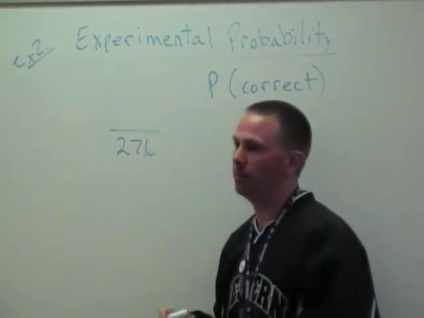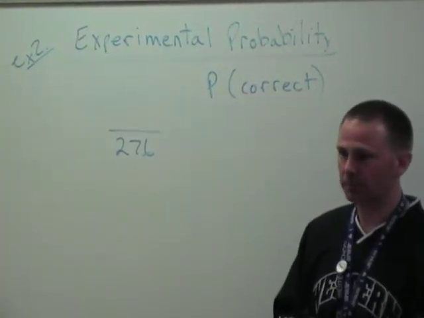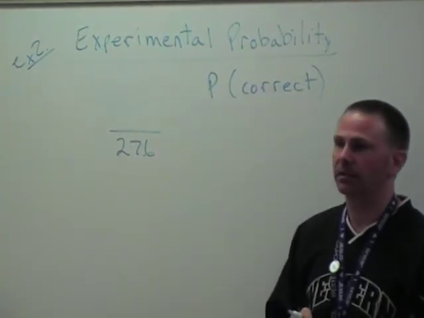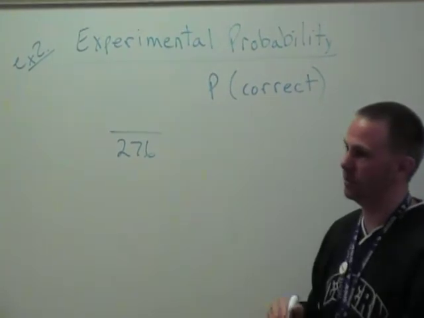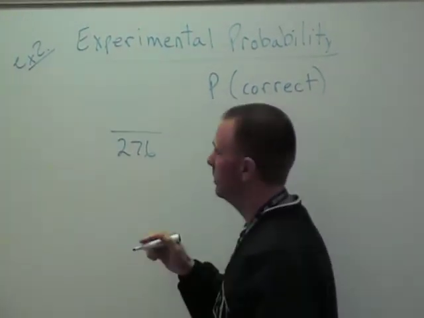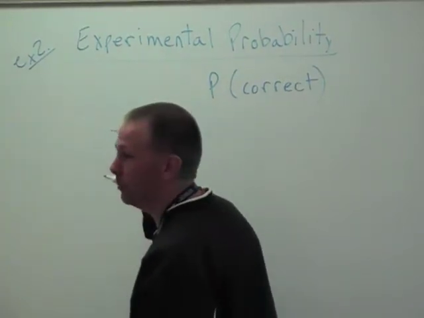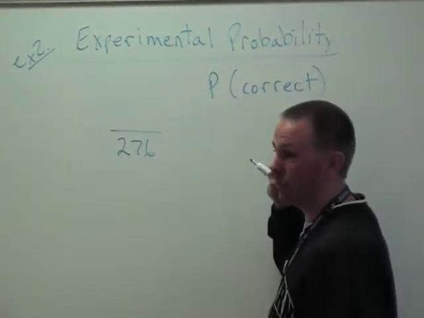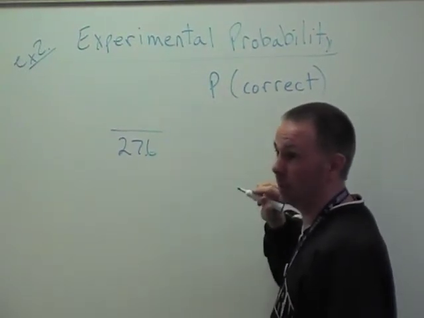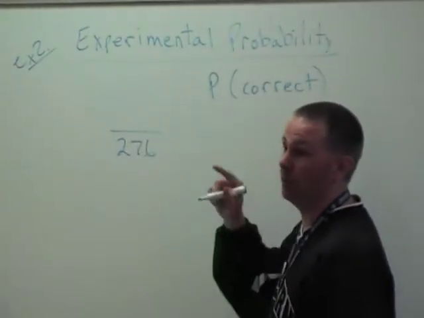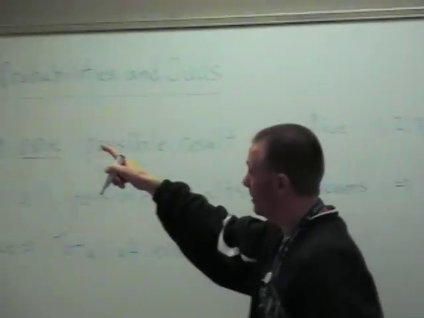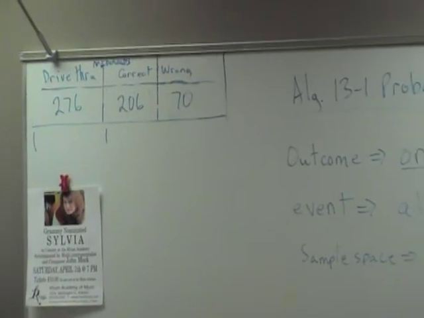So that's probability notation. And as we go through the next few sections, I'll add to this. But in general, if you see something like that, it's just what's the probability of getting it correct? Experimental probability means I'm going to go to the drive-through tonight. I want to know what's the probability that they're actually going to give me a correct order. Well, based on what we've been taking all year, the correct orders they've done so far is 206.